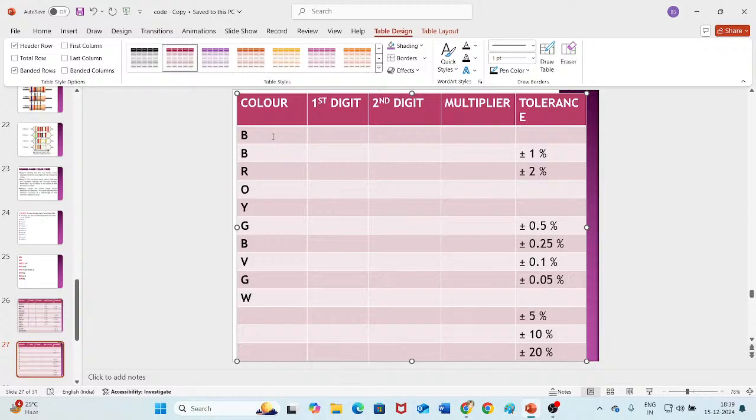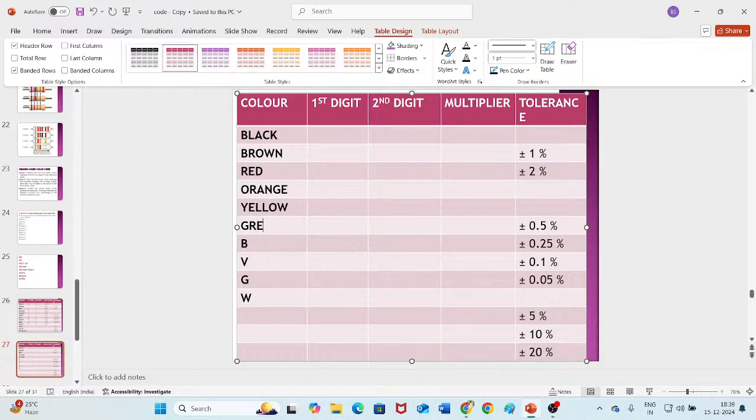Okay. So now, first B represents black. The second B, of course, if one is black, another one is brown. Brown. Next, R is red. Next, orange. Y is yellow.